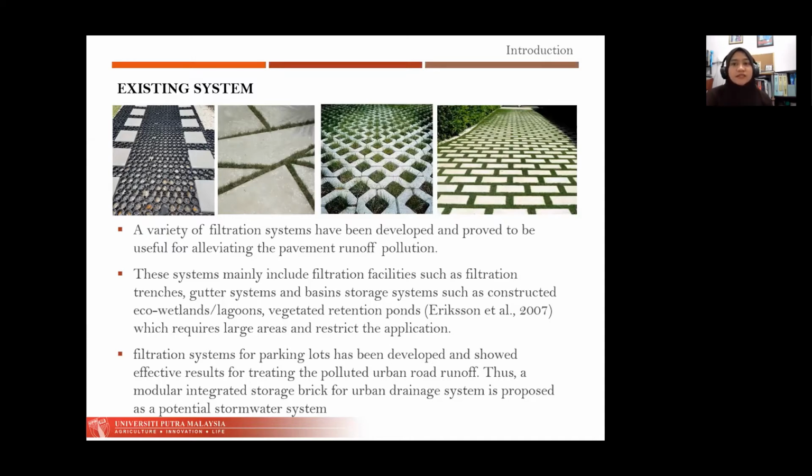This encouraged us to come up with a new system, and from there, a modular integrated storage brick for urban drainage systems is proposed as a potential GSI system in order to improve the drainage system in urban areas.